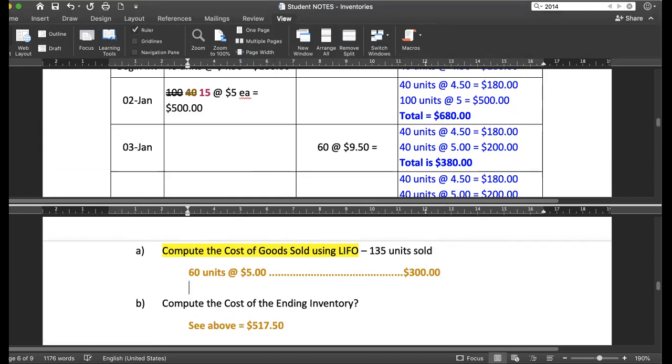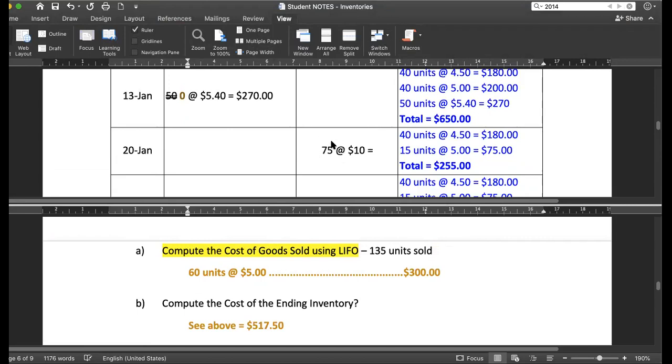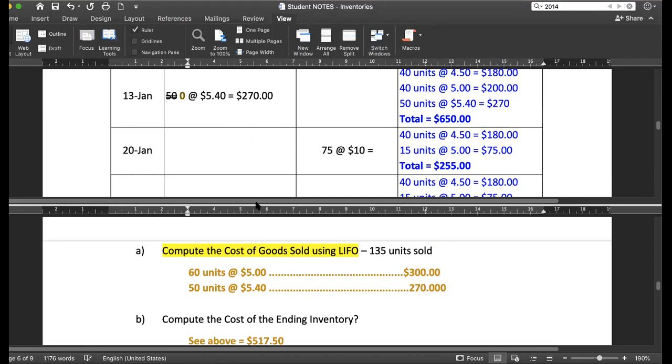Then, next of all, they sold 75 units. Well, the 50 of those 75 will be at the $5.40 price, or a total of $270.